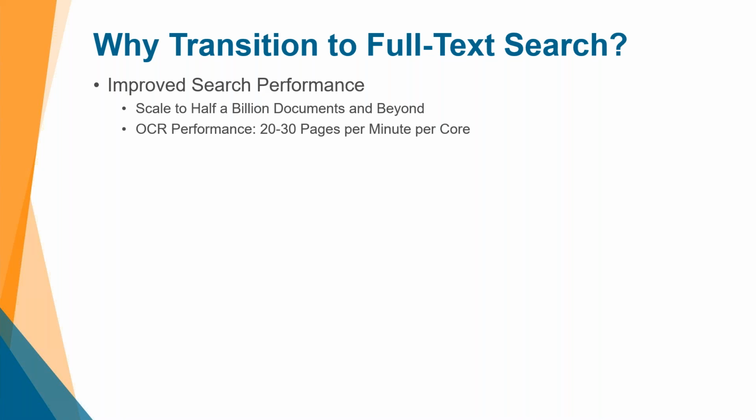The retrieval times are faster than what we've been seeing in IDOL. The performance of the OCR engine, for anything that needs to be taken from image and converted into text so that it can be searched, is much faster. We're seeing about 20 to 30 pages per minute per core dedicated to the OCR process.